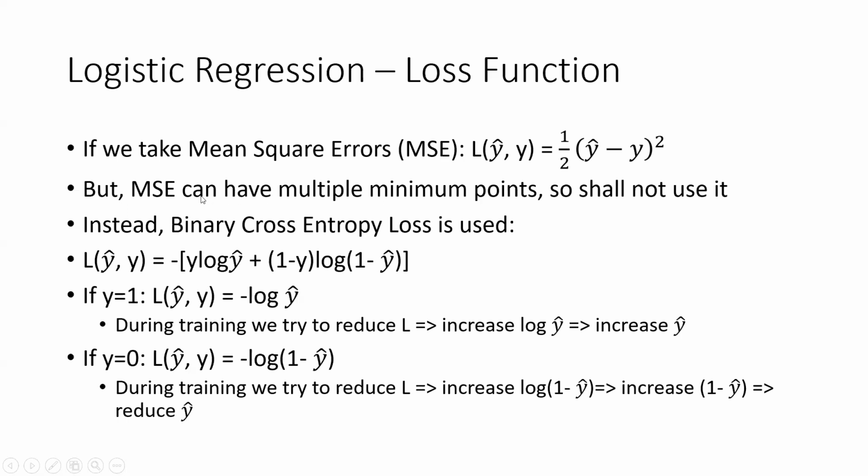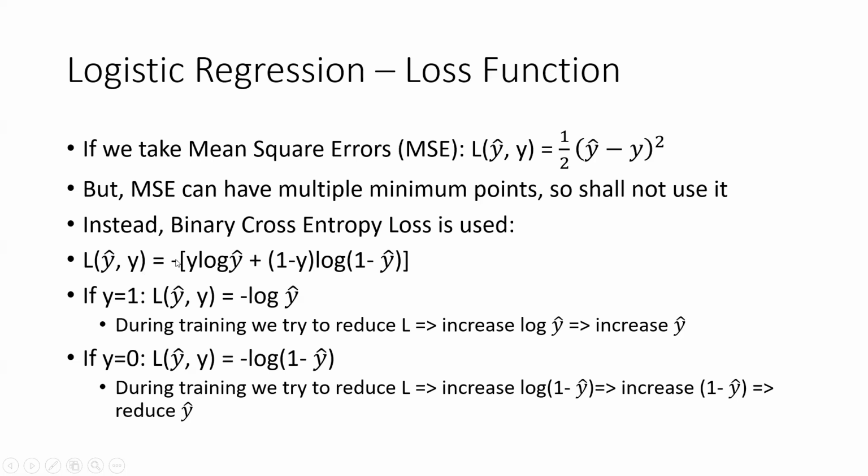So the best loss function generally used for logistic regression is binary cross entropy loss, right? So the binary cross entropy loss is denoted by this one, right? So L of y hat, where y hat is the predicted value and y is the real value or the ground truth value. When you give the predicted value and the ground truth value, you can find the difference, and from this difference you can get the loss, right?